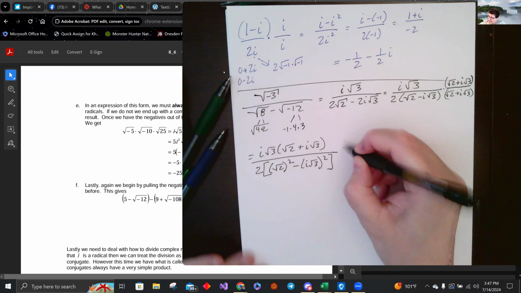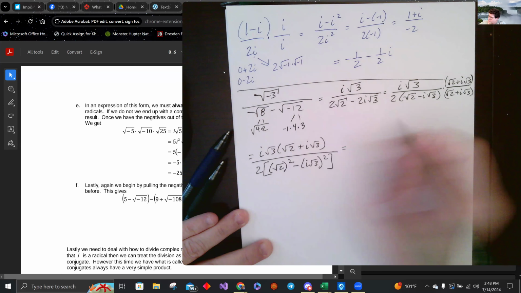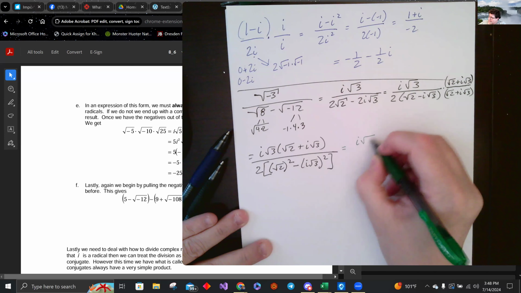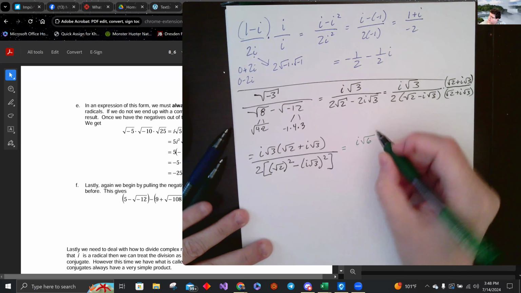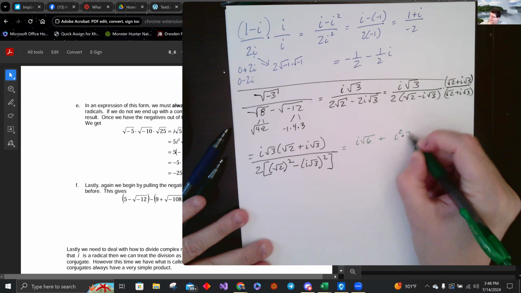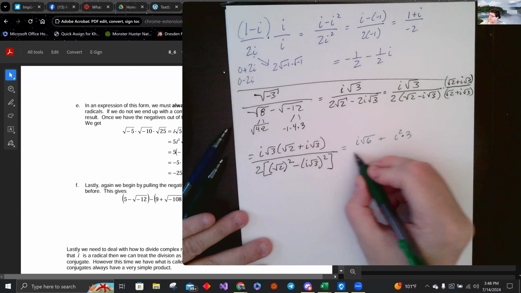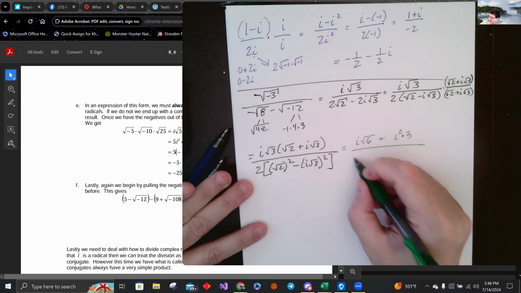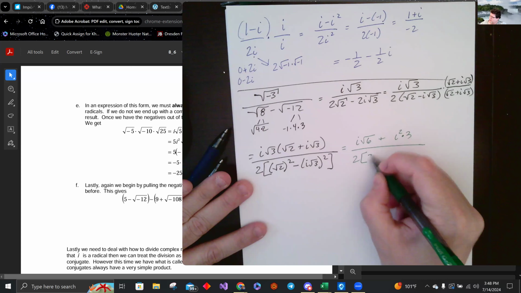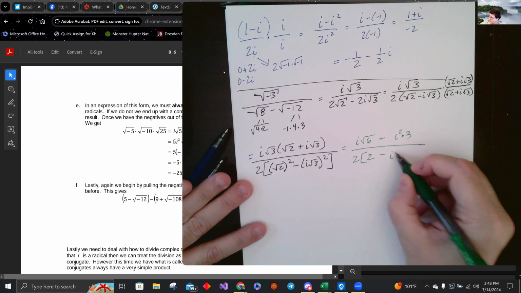Let's do some distributing. Square root of 3 times square root of 2 is square root of 6. And i root 3 times i root 3 is i squared times 3. On bottom, I have square root of 2 squared is 2. And then i root 3 squared is i squared times 3.